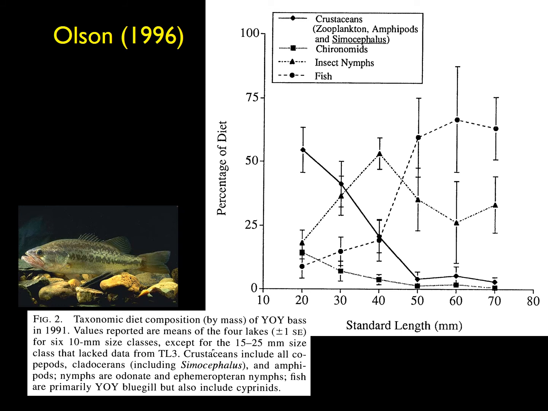So what this means is that it's really challenging in some ways to think about diet at a species by species level, and maybe it makes more sense to think of it from a life stage perspective, because a bass that's 20 millimeters long is affecting the ecosystem in a very different way than a bass that's 60 millimeters long.